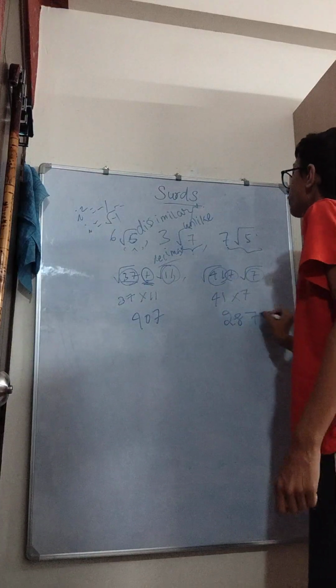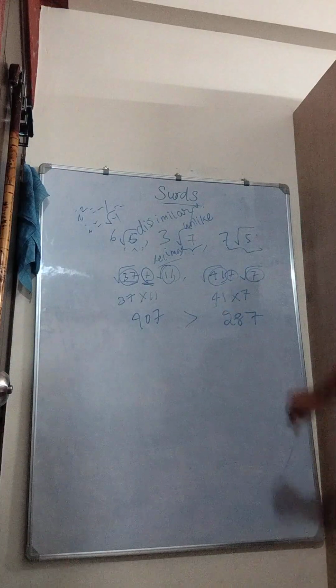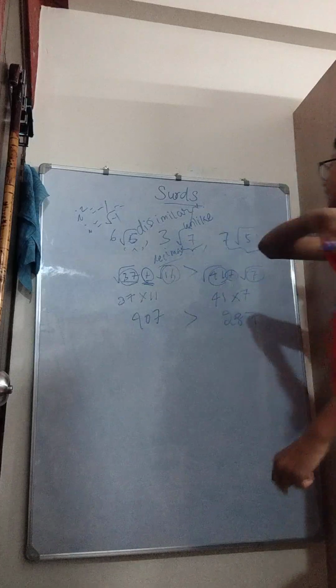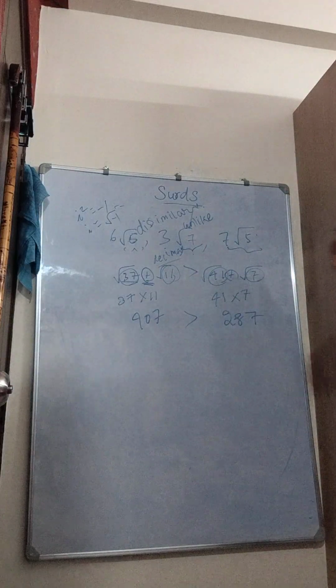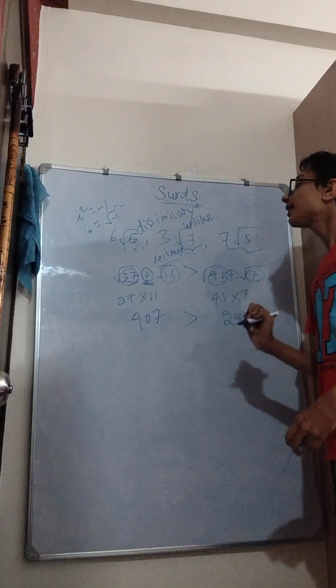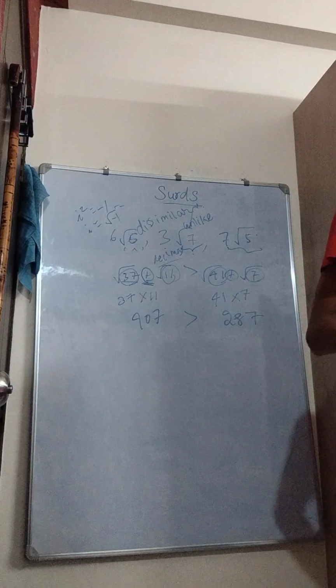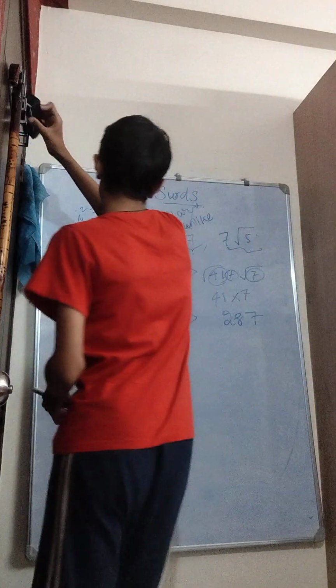Which is greater? 407 is greater. So root 37 plus root 11 is greater. So this is about comparison of binomial surds.